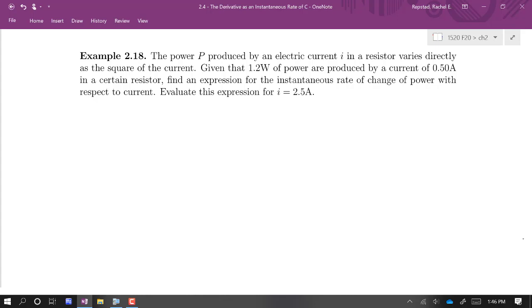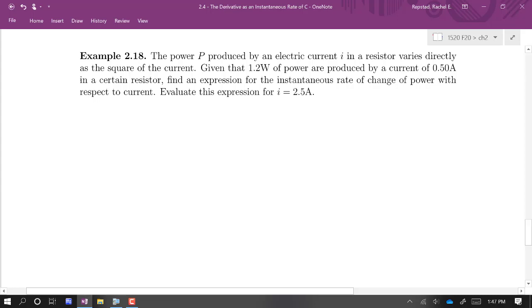Certainly, if you have a background or if you're learning about circuits, that can make this a richer example and give you some context that can be helpful. But if you don't have that background, that's okay. You won't be at a disadvantage from a calculus perspective. So we're just going to learn how to read this.